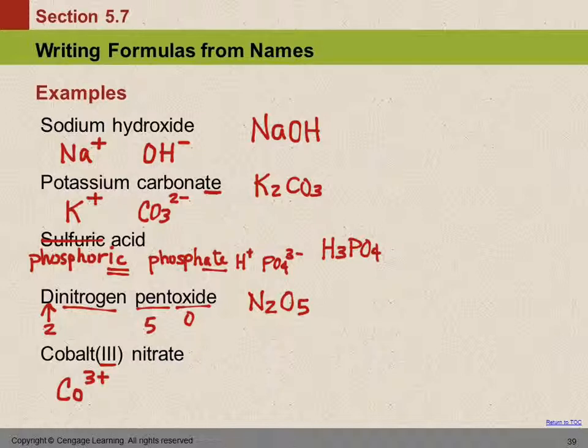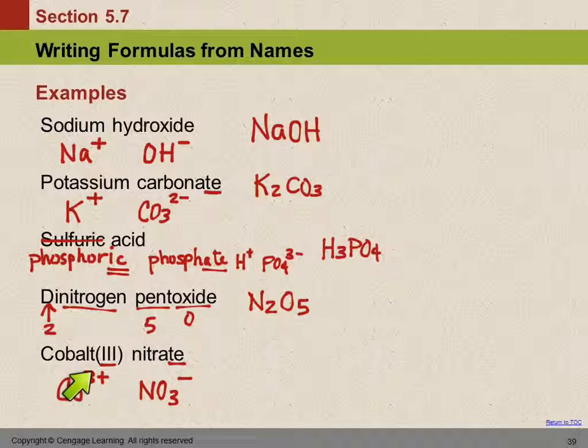If we find it on the periodic table, it's right there in the middle, the transition elements, and we can't predict their charges. So Co3+, and then nitrate, again ending with the -ate, this is a polyatomic ion. So we look it up, NO3-. You have to write the ions with their charges. You really just have to.